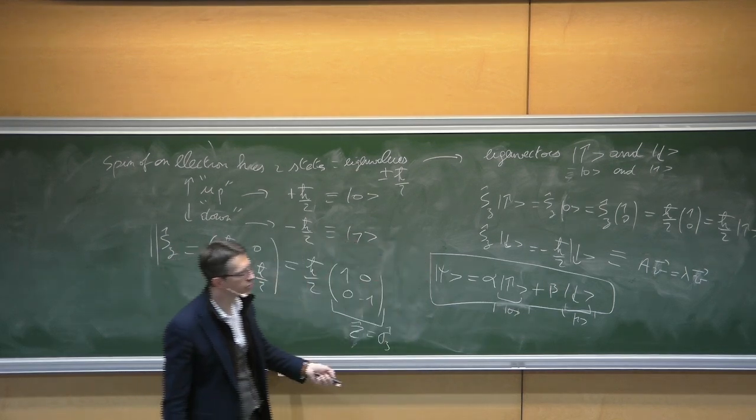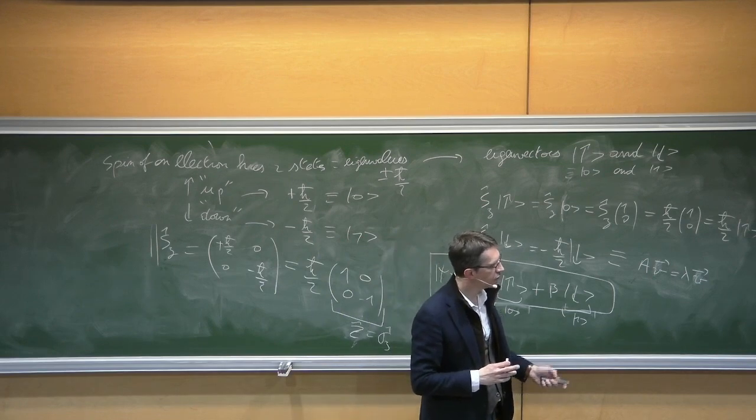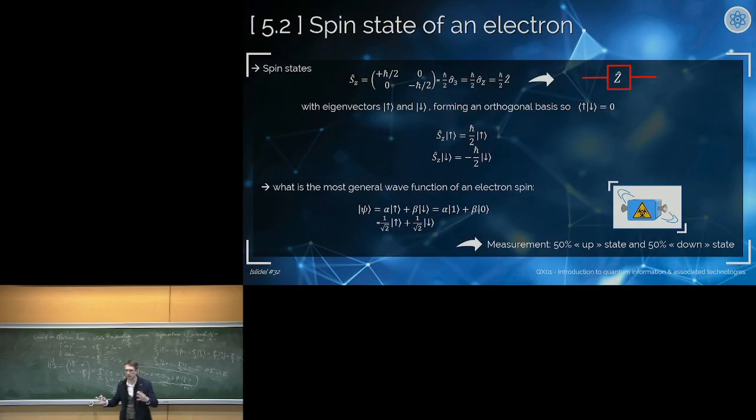And again, the most general way, if you have no particular reason to put your spin in one way or the other, then alpha and beta are most likely equiprobable. So that means you would have a 50% chance of being in the up state, or 50% chance of being in the down state, with 1 over square root of 2 squared.